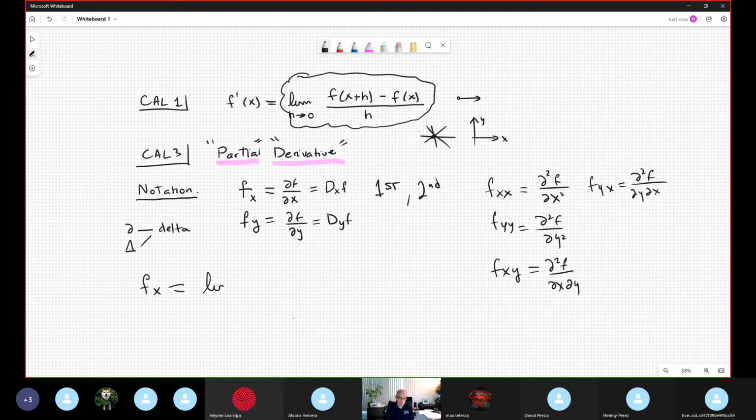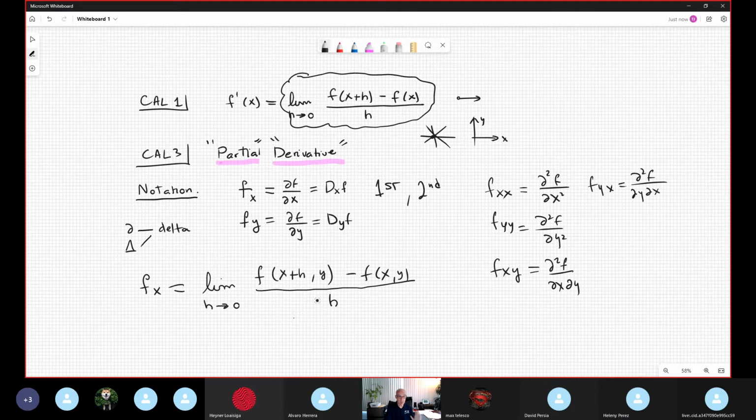It's the limit as h approaches 0 of the difference quotient: f(x plus h, y) minus f(x, y), divided by h. You suppose the rate of change you want to investigate is only in the x part, and y stays constant. This is the idea. The y stays constant.